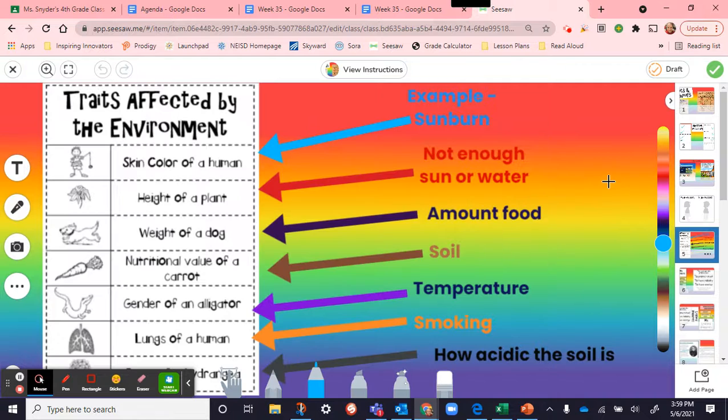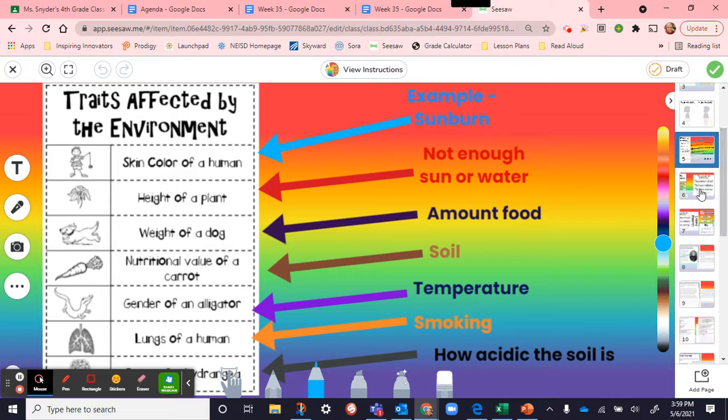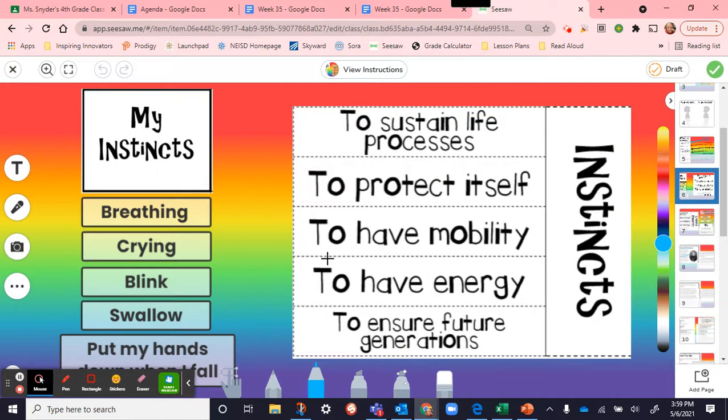Page 5, we talked about examples of traits that are affected by the environment. So even though your parents passed on something to you, parents pass off things to their offspring, the environment can change those. They can affect them. Then on page 6, we listed some of our different instincts.